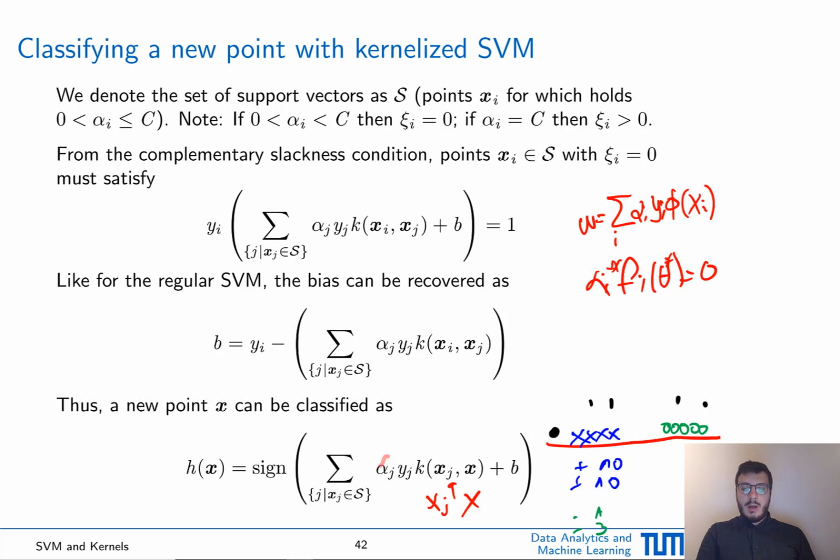And also let's say we have some alphas here, which I'm not going to write down, but basically the total sum will be positive, so this data point will be classified as positive. So if you look at it this way, this classifier behaves just like a weighted nearest neighbor classifier. Of course, we also have the bias, which has additional effects, but the overall structure is clearly like a nearest neighbor classifier, or weighted nearest neighbor classifier.